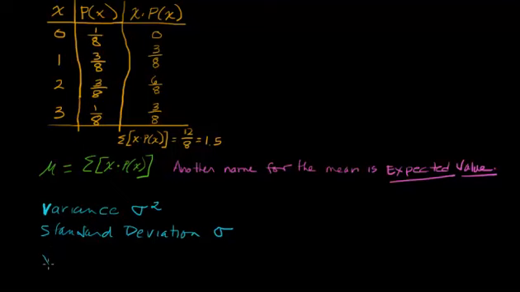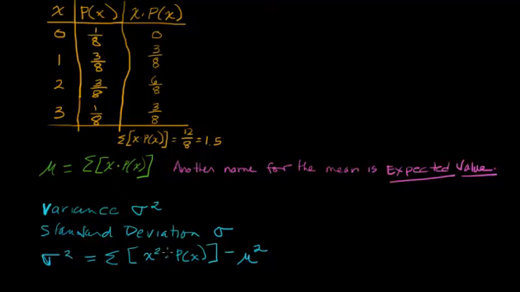The formula for variance, sigma squared, for a probability distribution is the sum of all the random variable x's squared times their probabilities minus the mean squared. So we have to have the mean in order to do this.